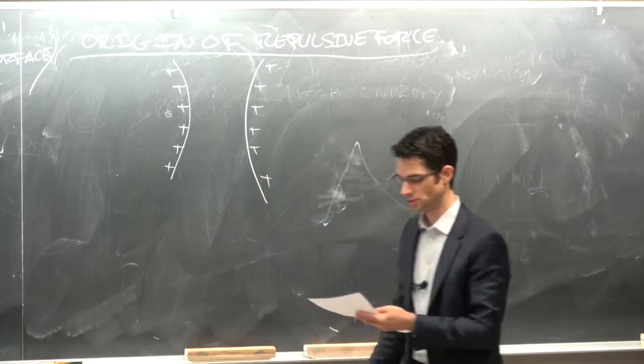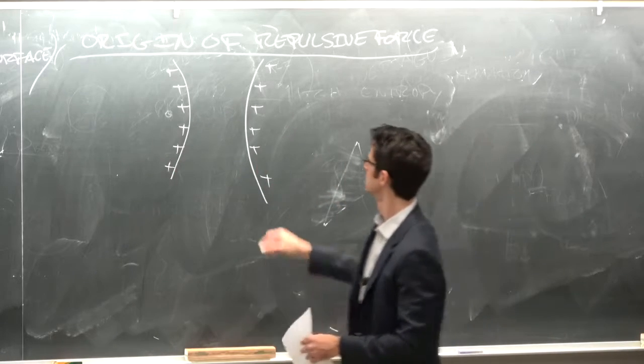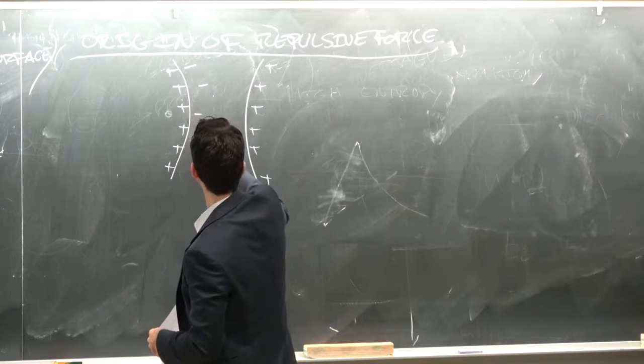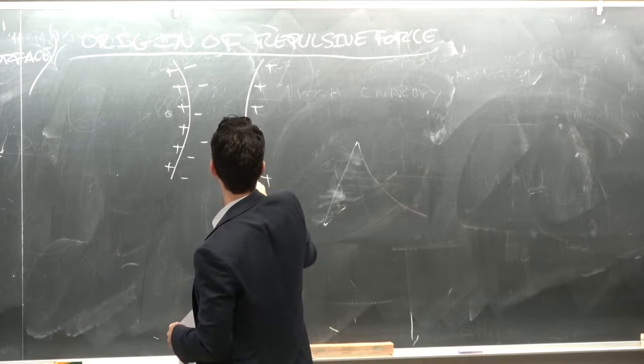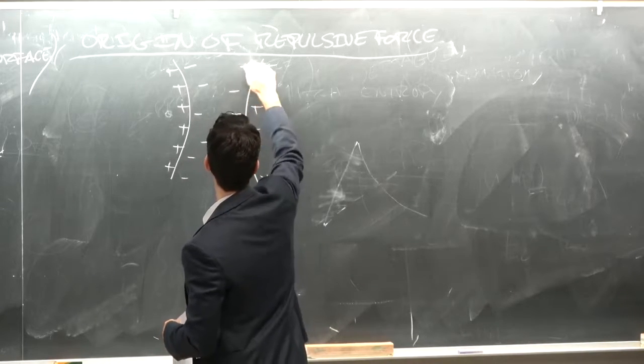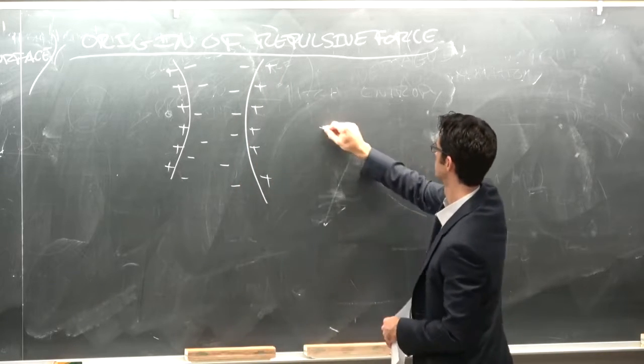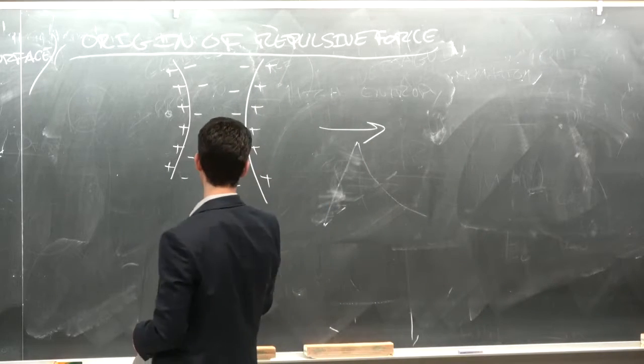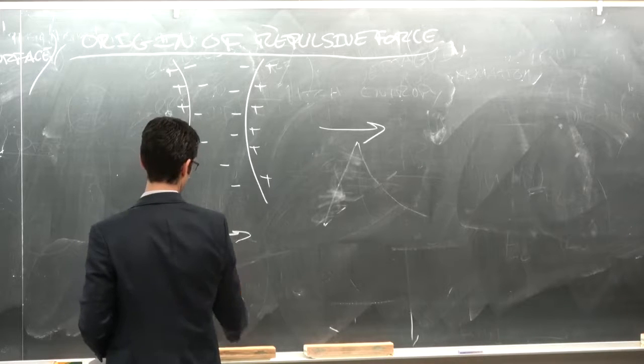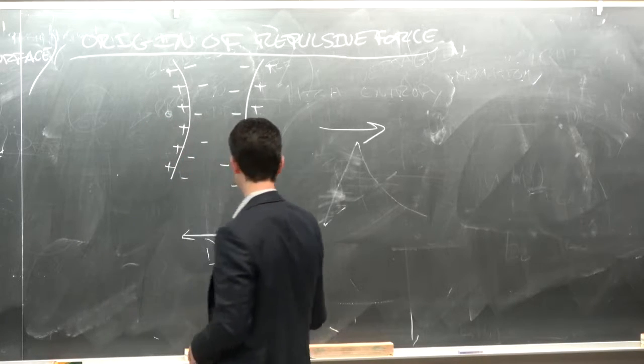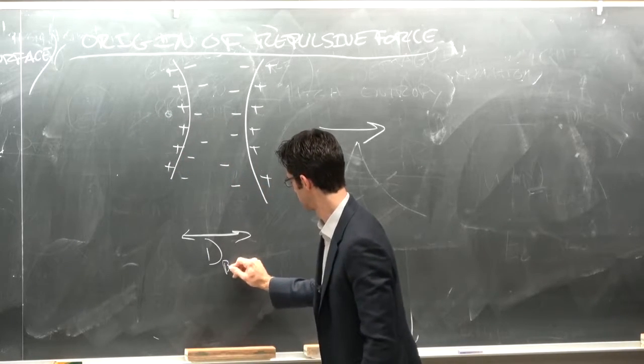Say these are two spheres approaching each other, and because of entropy, you have this diffuse double layer, and this is at some D before.